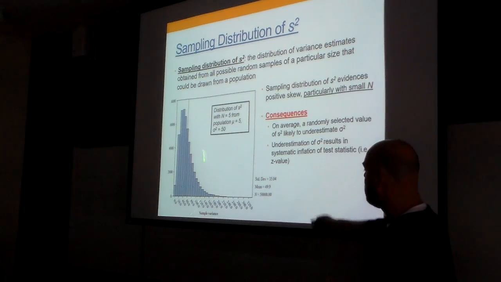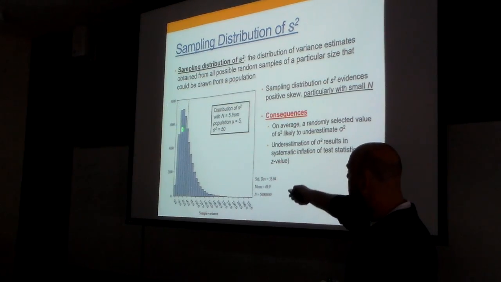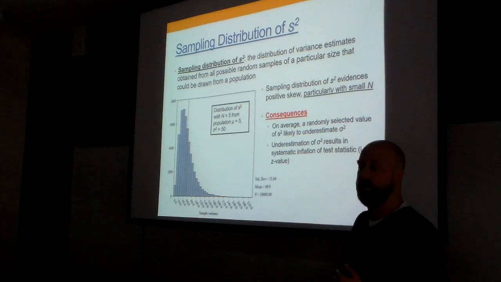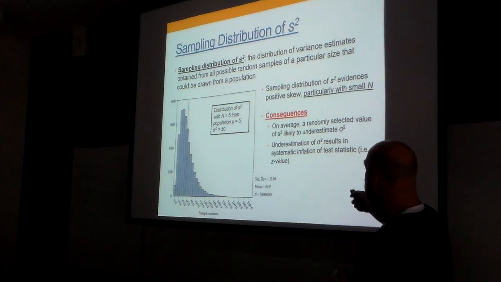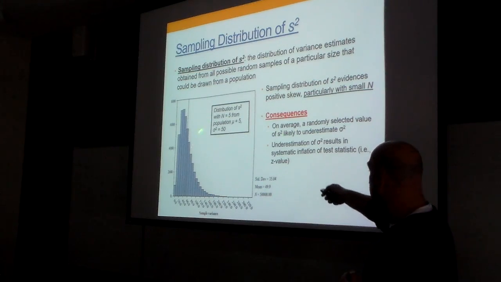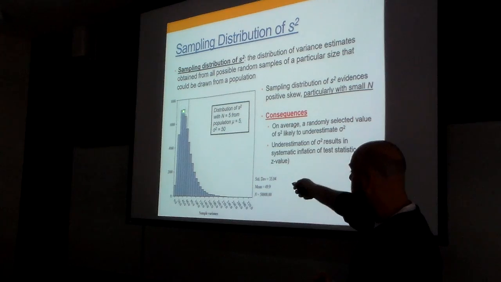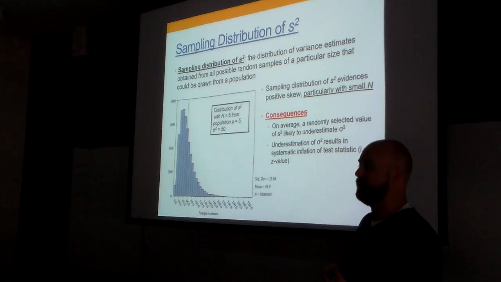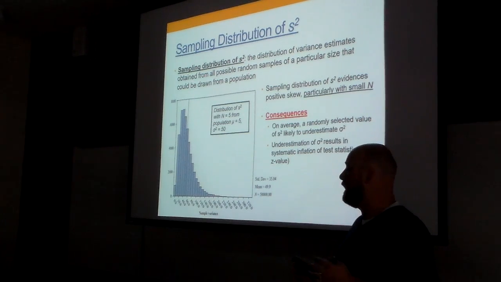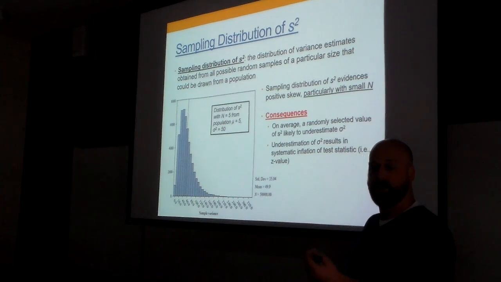Any individual sample, if I close my eyes and pull one of these out of the hat, I'm much more likely to get something over here than out here. And so for any randomly selected sample, our actual sample variance is probably going to underestimate the actual population variance. On average, my variance estimate is unbiased because the average of the sampling distribution is equal to the population value.